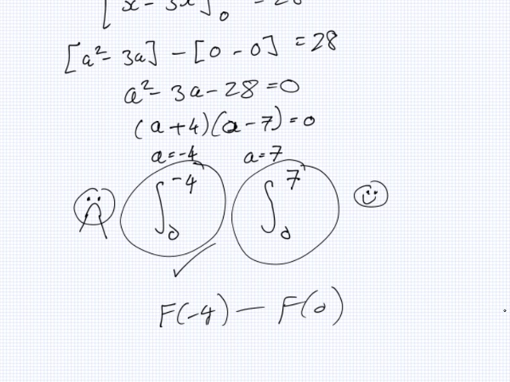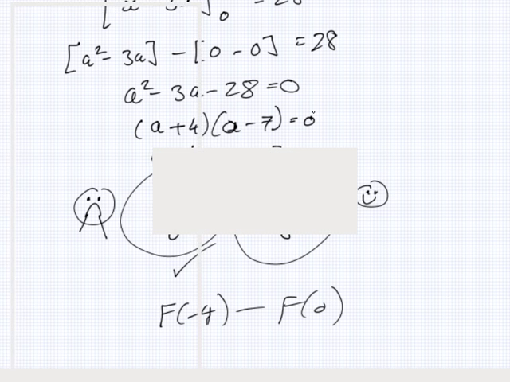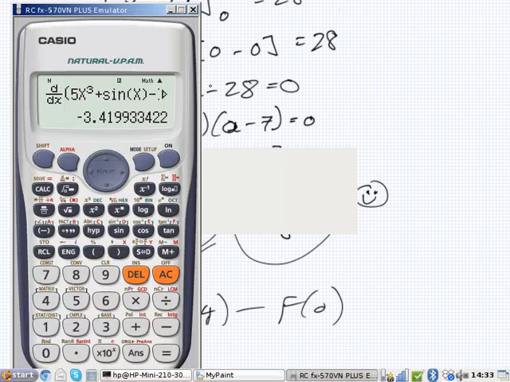And to prove it, or not to prove it, but to convince you more, let me just show you the calculator here. Okay, so let me type in the integration, and this is from 0 to minus 4. 2x.